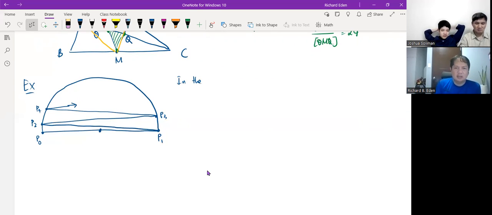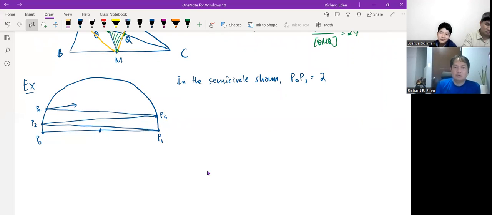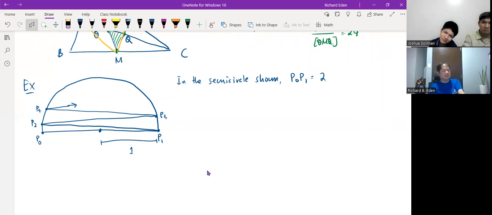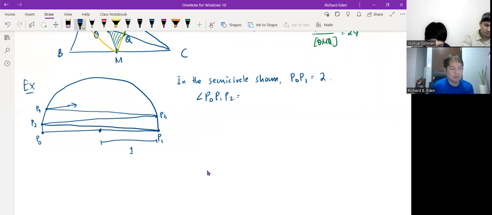In the semicircle shown, P0P1 equals 2. So I guess all that's saying is that the radius is equal to 1 because P0P1 is a diameter. Okay, and then angle P0P1P2 is 1 degree.